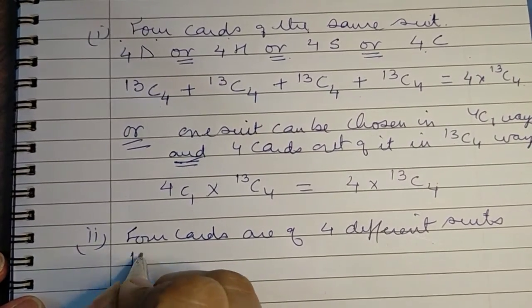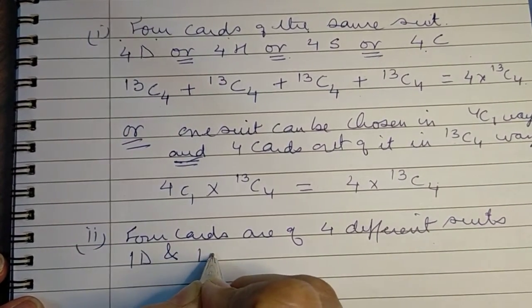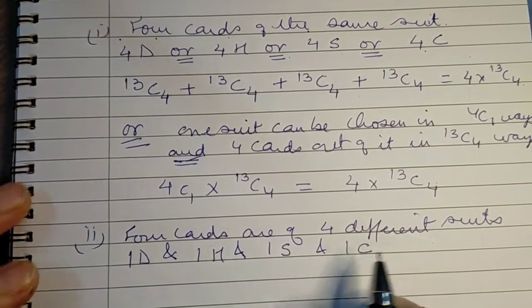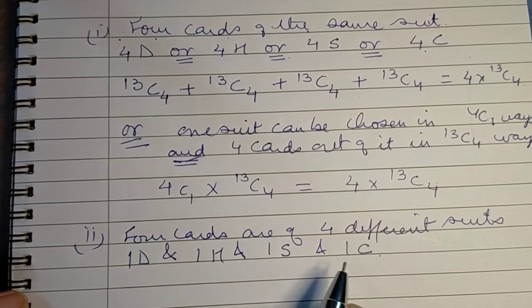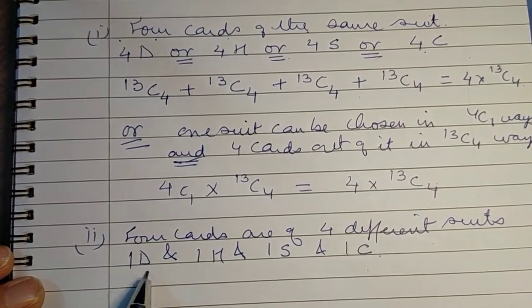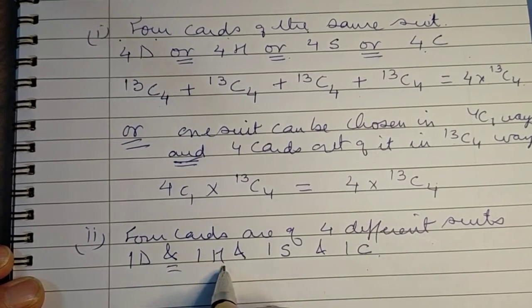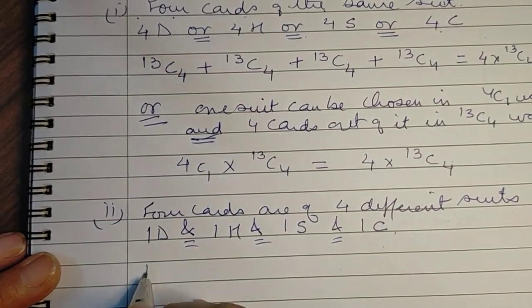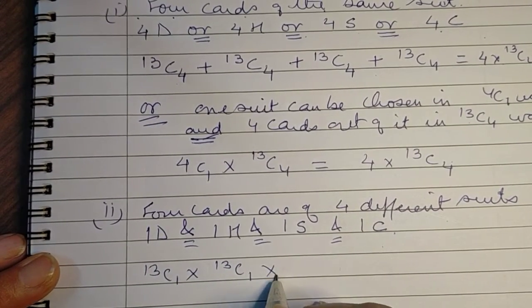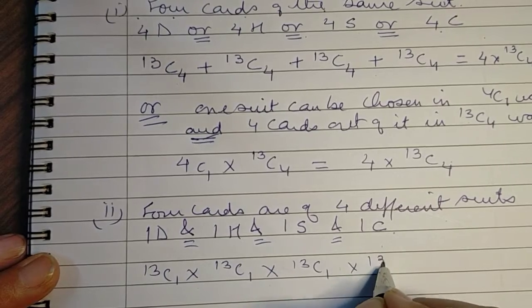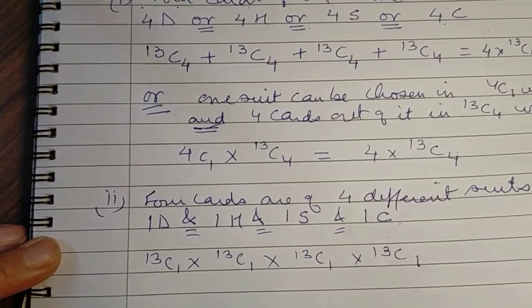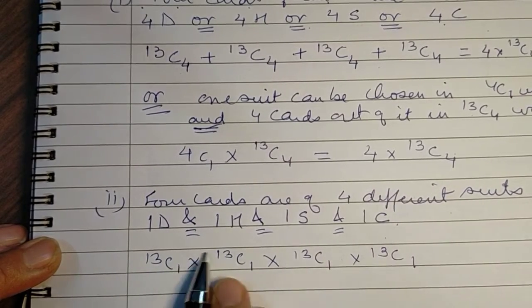So we have to have one diamond and one heart and one spade and one club, because the choice is not complete unless we have 4 cards in hand. And so it's a case of and in between, and so we get 13C1 into 13C1 into 13C1 into 13C1.